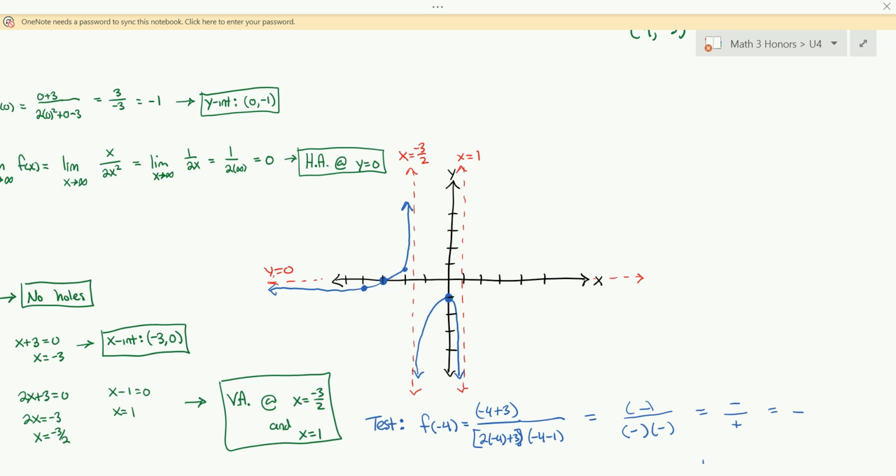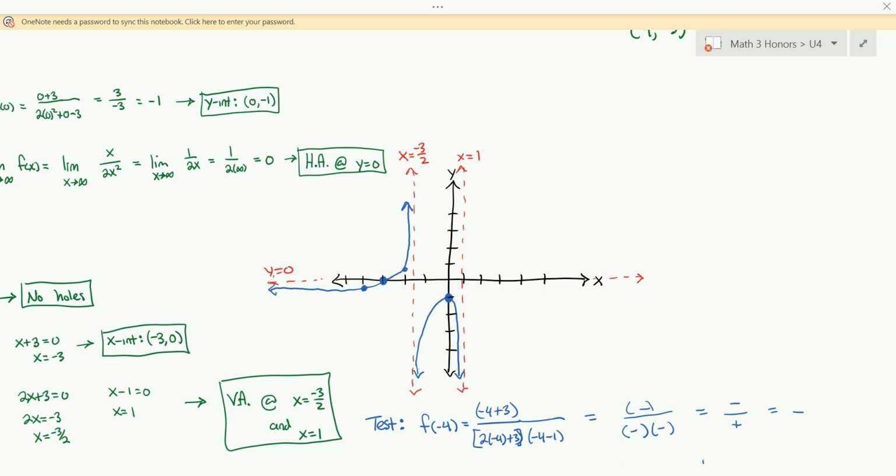Now, how many points do I need to test over here to be sure what's happening? One. Just one. Here's why. It's not crossing the x-axis, so it's easier for me. I just need to know if it's below the x-axis or above. If it's below, it's going to be in this corner. If it's above, it's going to be in this corner.